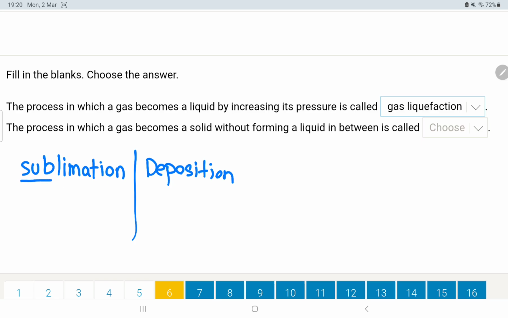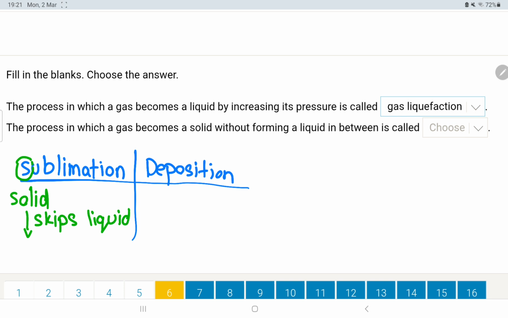Now, guys, in sublimation, how I would think about it, as for sublimation, as for solid, solid, and it skips liquid, so it doesn't form a liquid in between.